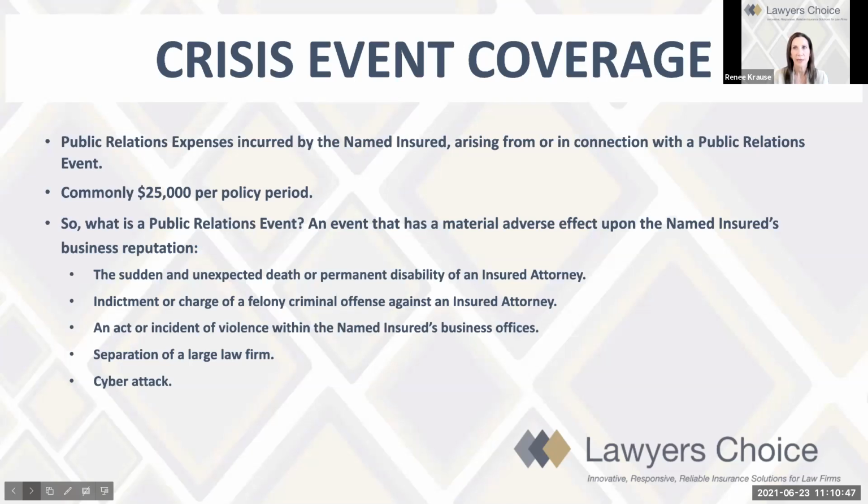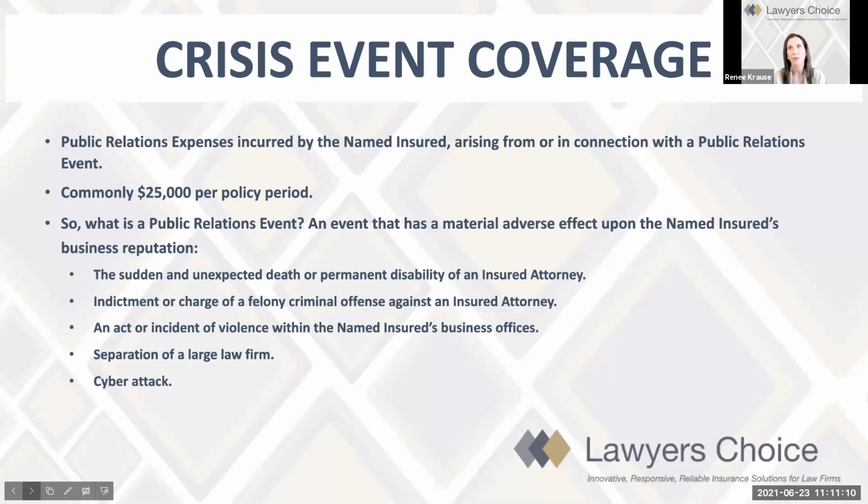So it's a way to maybe spend that money on hiring a public relations firm to put together a message to the public, to the clients that you think might be adversely affected by whatever event happens, to retain them and to restore the firm's reputation, maintain the firm's reputation, or prevent any loss of faith in clients from the firm.